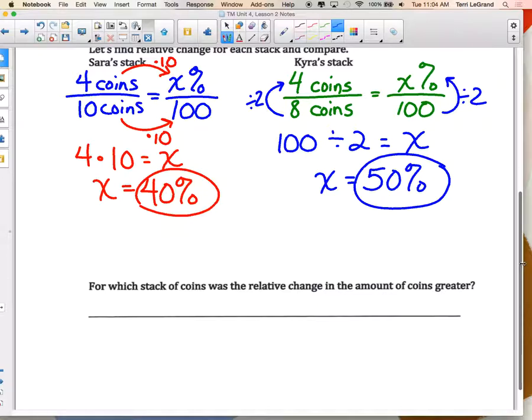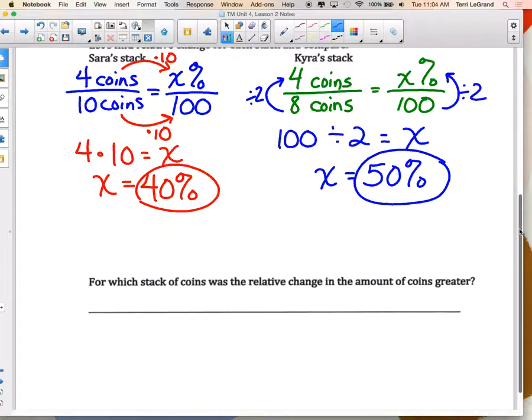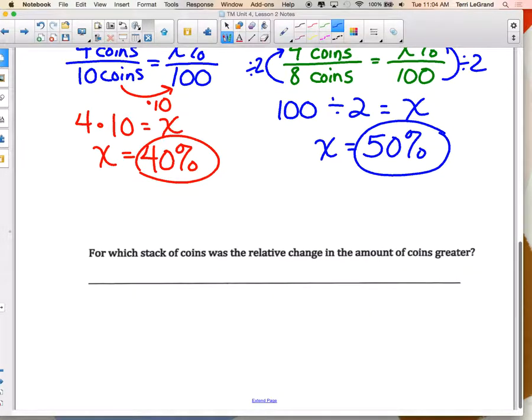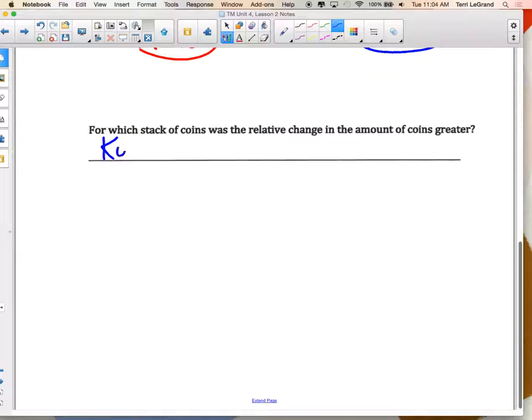She had the smaller stack to start with, so it affected her stack more than it did Sarah's. Is that what happened on the front too? Was the one that had the smaller amount of liquid in it the one that was affected more? Yeah. So good job. So we're going to say for which stack of coins was the relative change greater? Kira's stack had greater relative change.